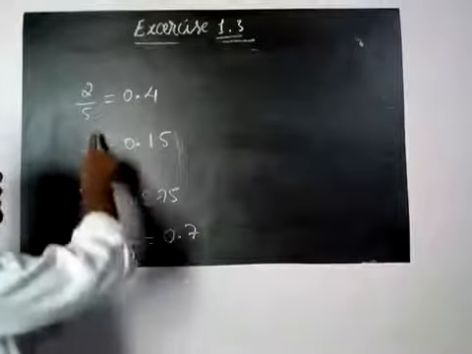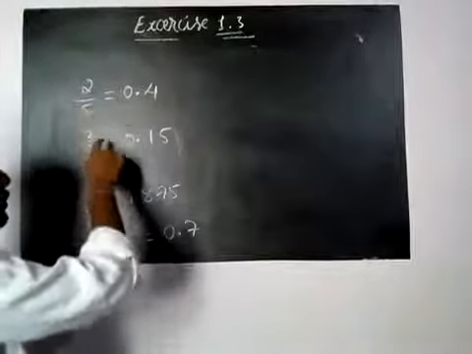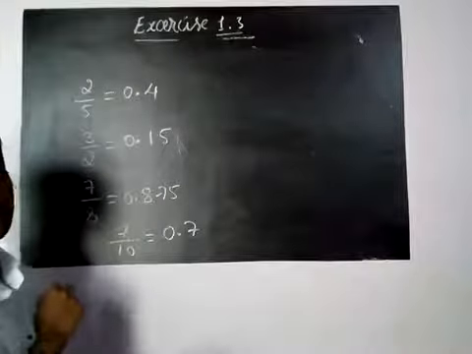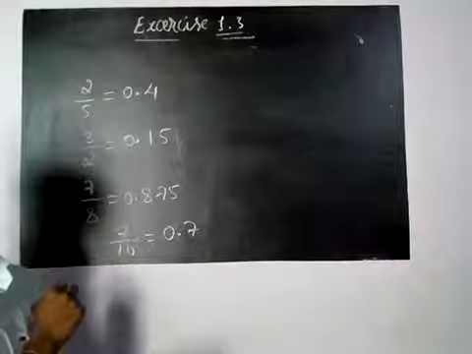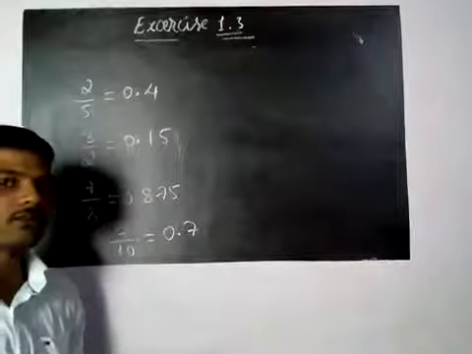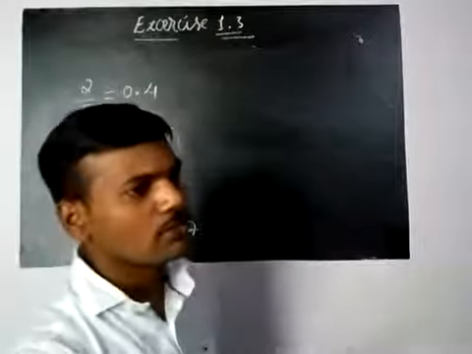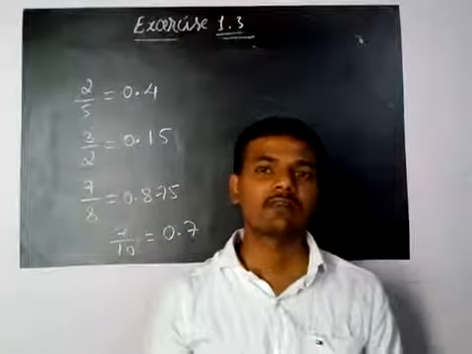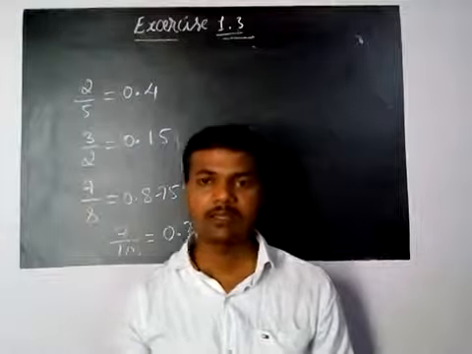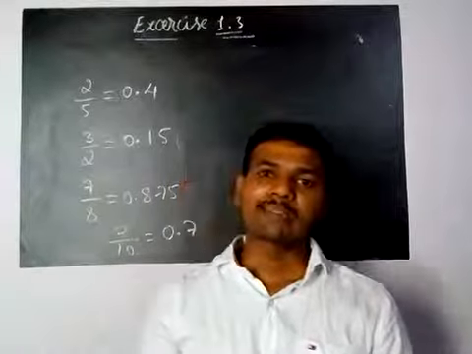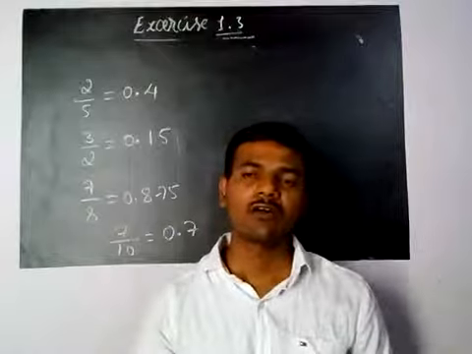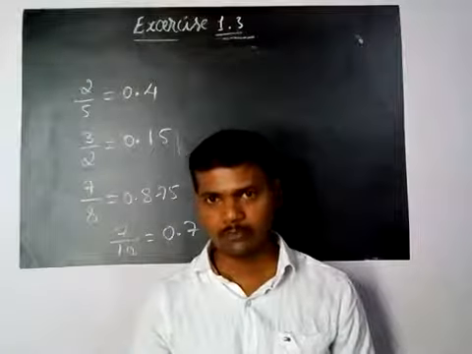Here is 5, and here is 10, or it is the combination of both 2 and 5. All the denominators of these decimal expansions, when they have no common factors other than 1, are 2, 5 or their powers, or the combination of 2 and 5.